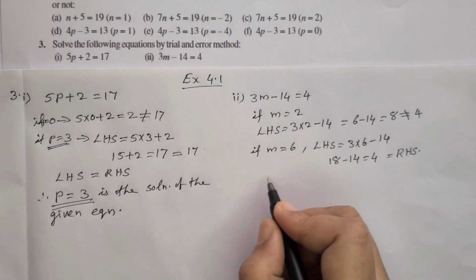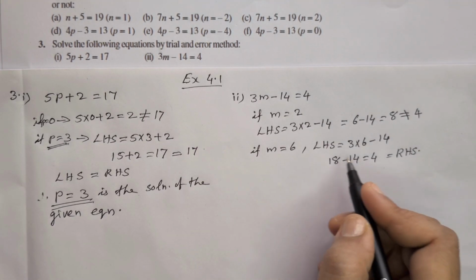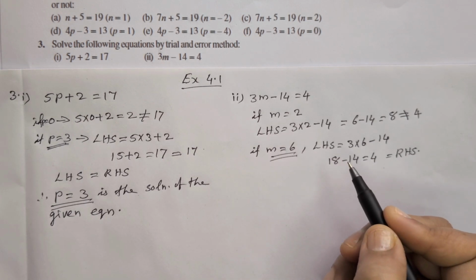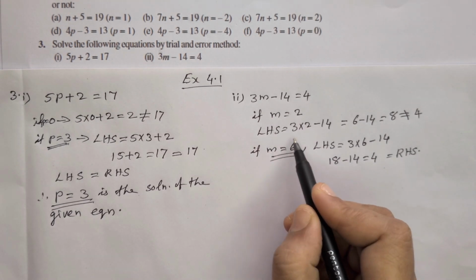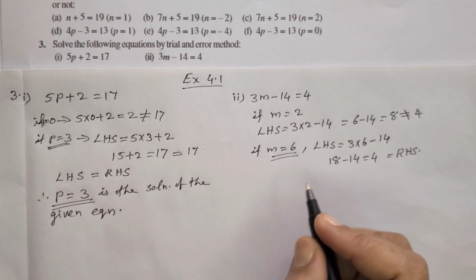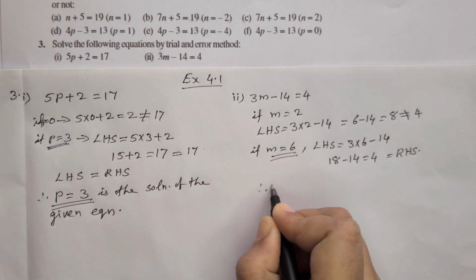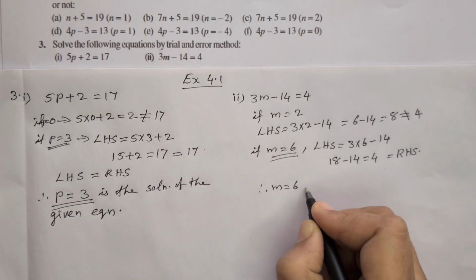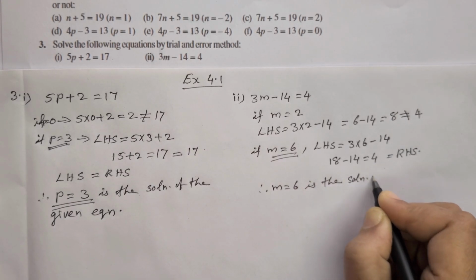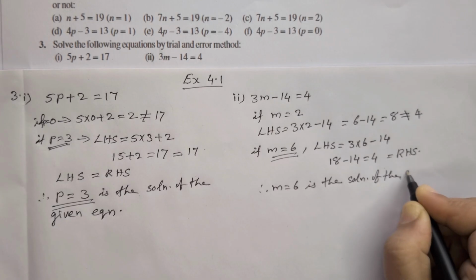That means when we put m is equal to 6, that value is the solution of the given equation. Therefore, m is equal to 6 is the solution of the given equation.